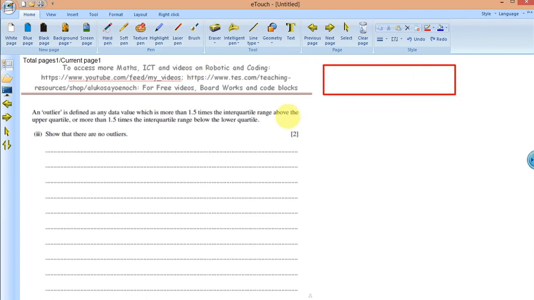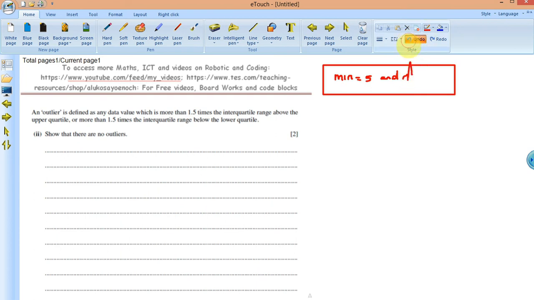So any data value lower than the minimum, which is 5, or any data value greater than the maximum, which is 70, based on question 2, will be regarded as an outlier. Okay, so let's go with the examiner's instruction now guys.